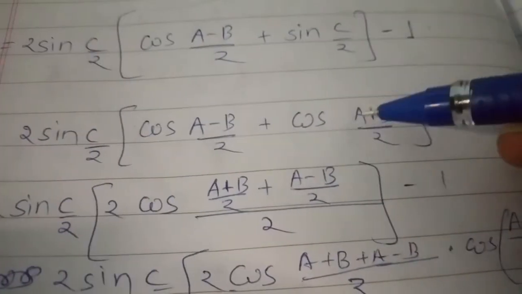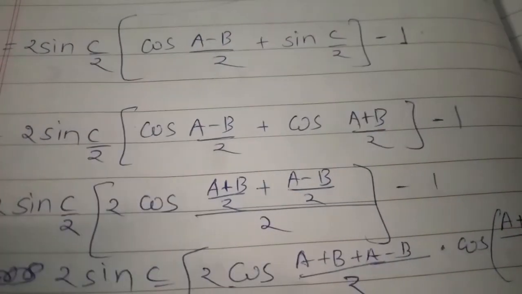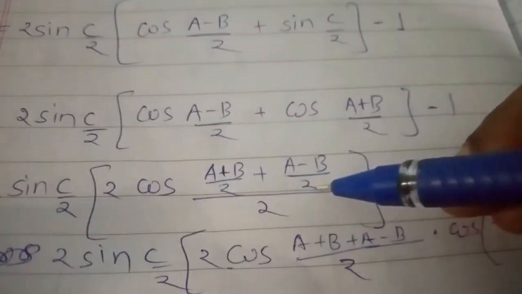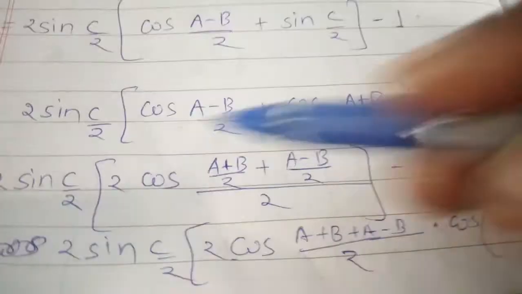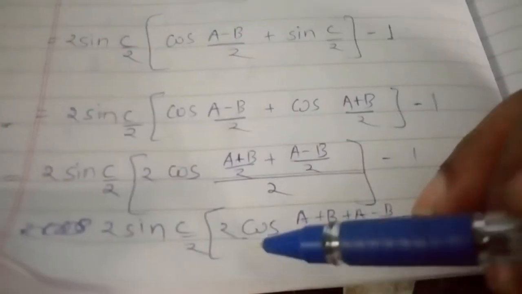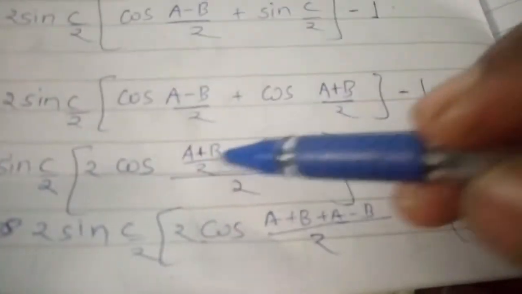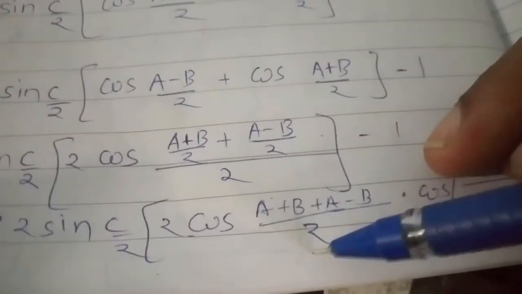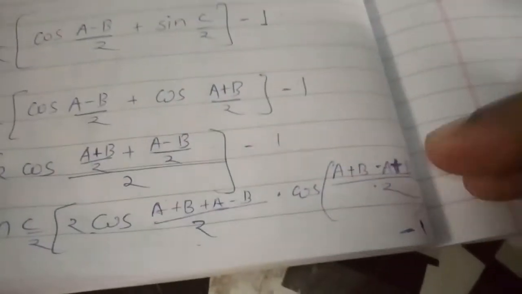So 2 sin C by 2. Again we are going to use the formula for this one, and also we are going to use the LCM. So cos (A plus A minus B upon 2) total divided by 2 minus 1. So 2 sin C by 2, 2 cos. Now taking the LCM, that is (A plus B plus A minus B) upon 2 into cos.